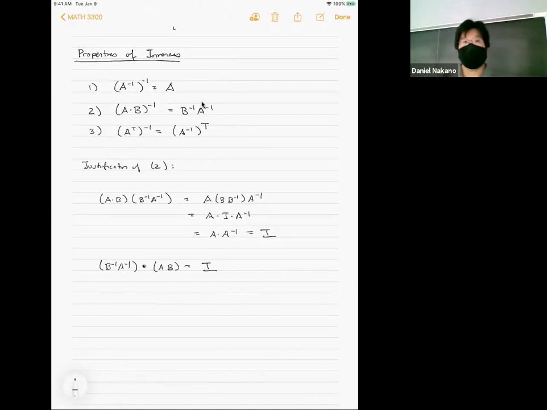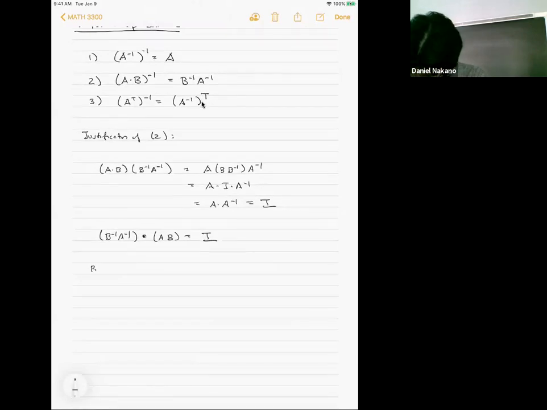All right, so we know that we have a matrix such that when I take the product of it times AB, I get the identity. So by uniqueness of inverses, B inverse A inverse has to be the inverse of AB.